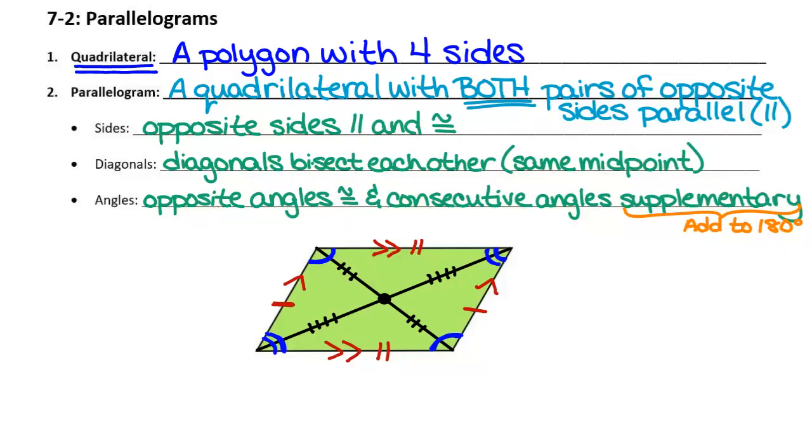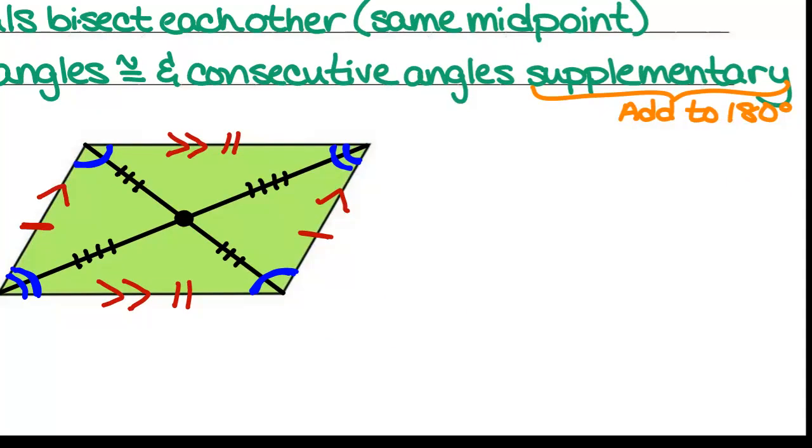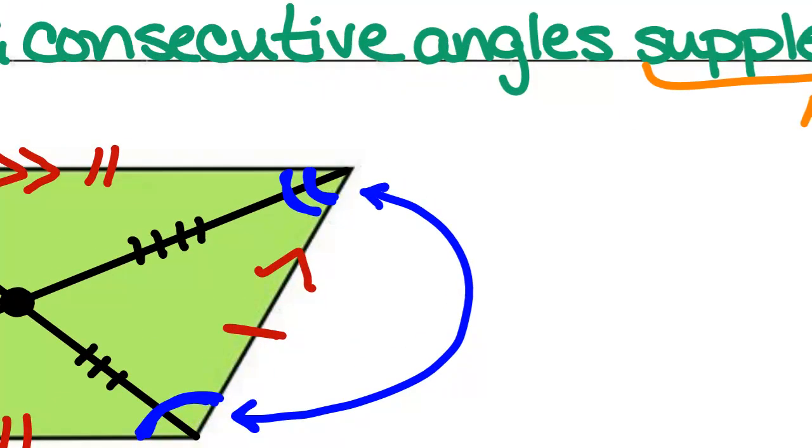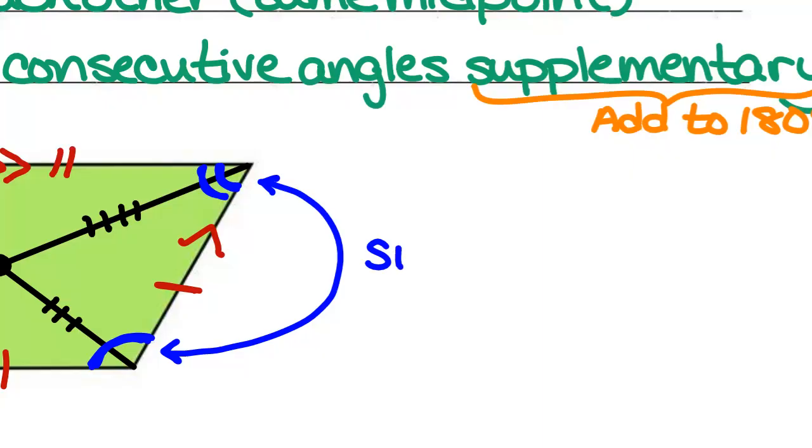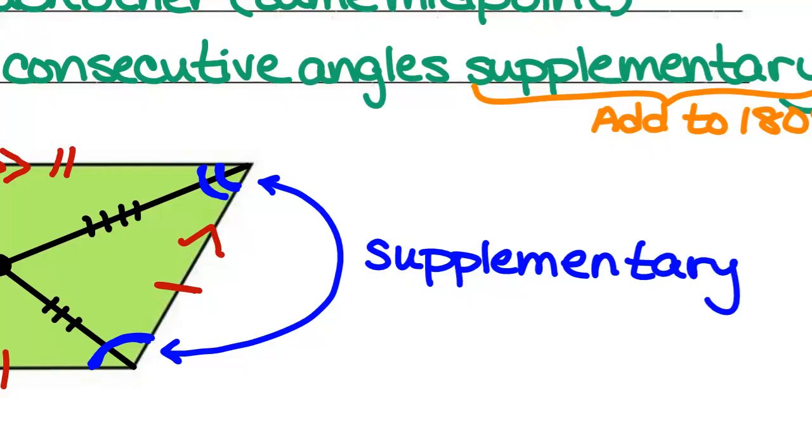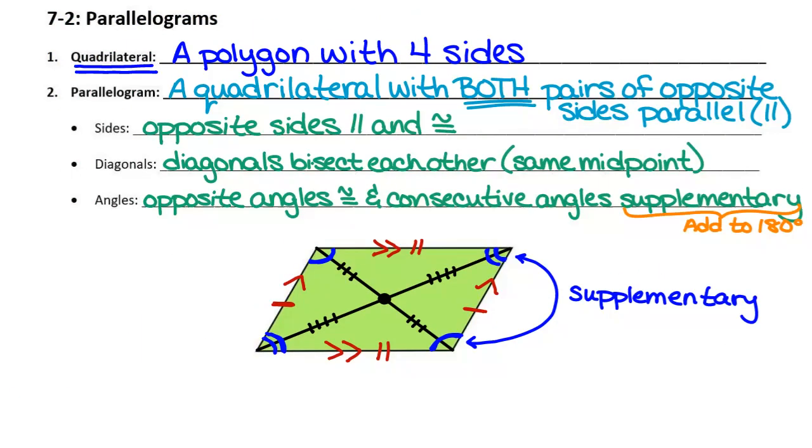Opposite angles are congruent, and consecutive angles, so these two right here, are supplementary. All right.